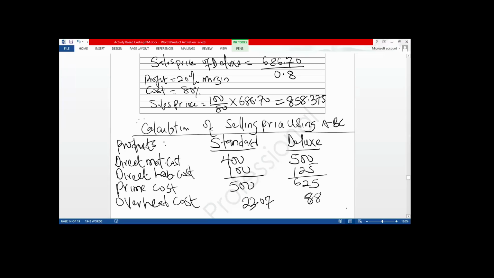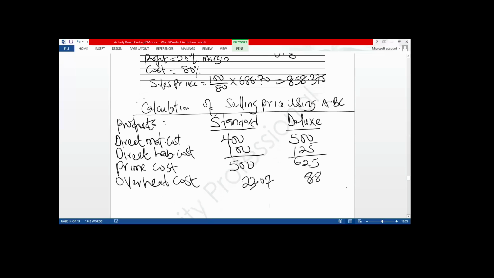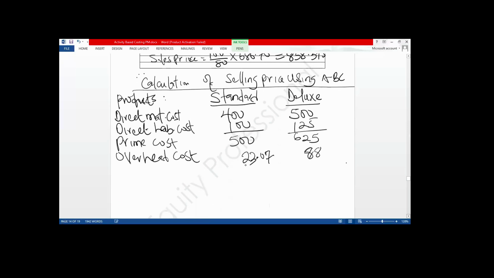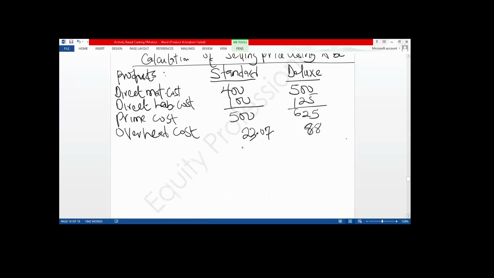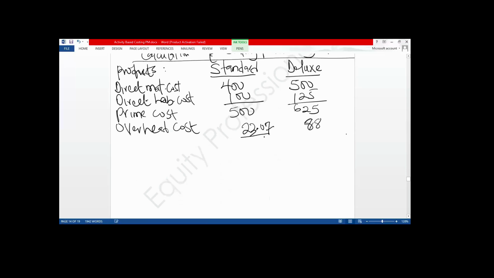Then you can now get your full cost. The full cost here is 523.07. What do you have here, please? 713. This is full cost per unit based on activity.